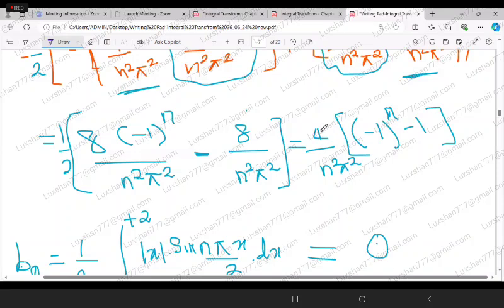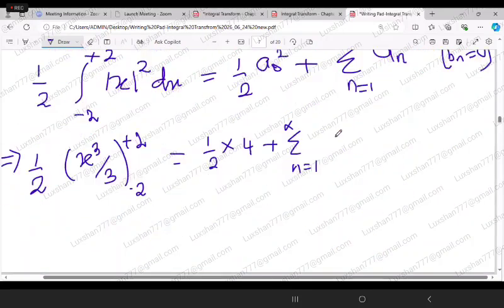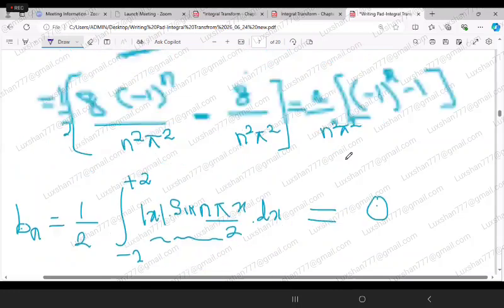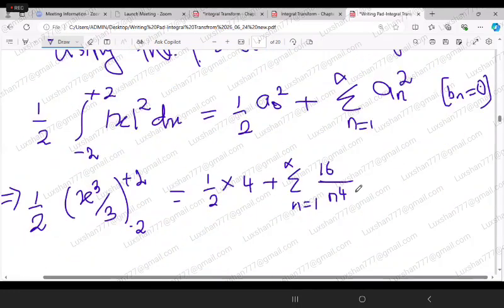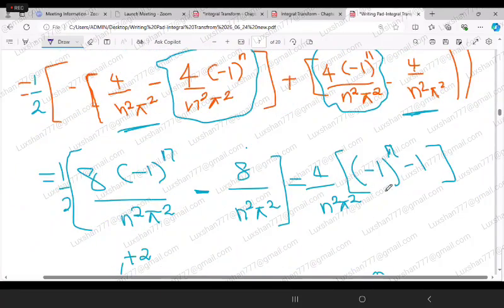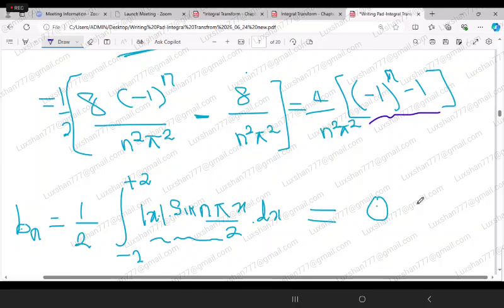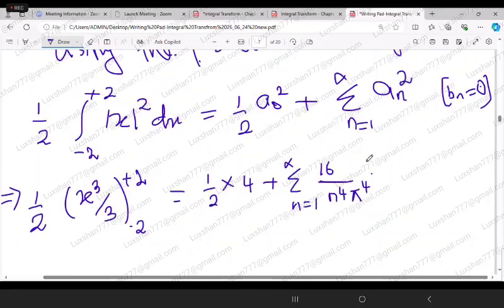So squared means what? Square of this one. So 16 over n to the power 4 pi to the power 4, into the square of minus 1 to the power n minus 1.